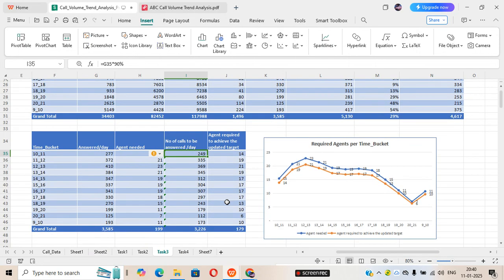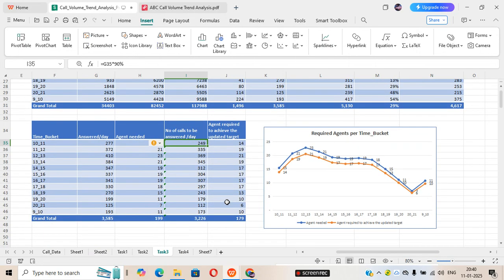So we got this table, and as reference with this table we can create a line chart. We'll be taking agent needed and agent required to achieve in a line with marker.